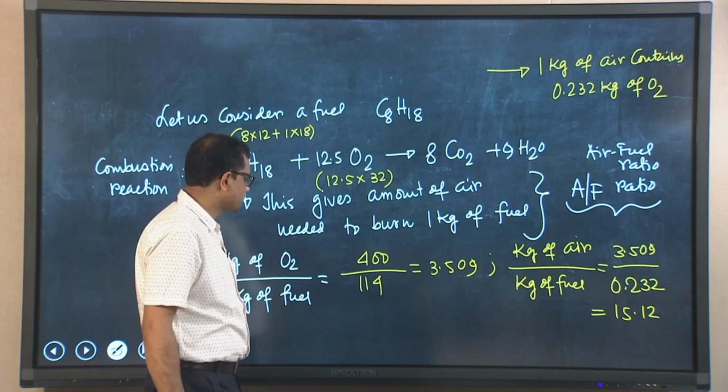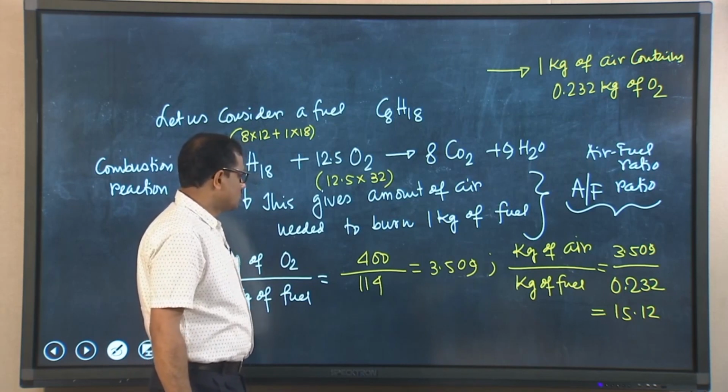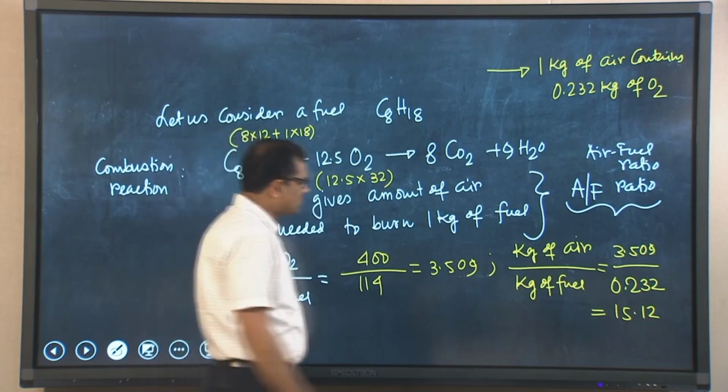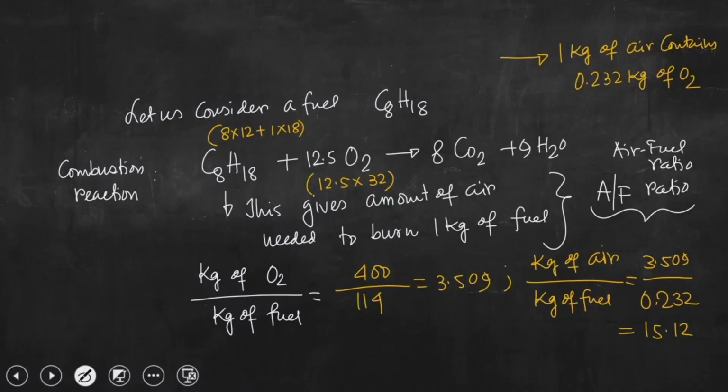Now, we can write this like this: kg of oxygen per kg of fuel into kg of air by kg of oxygen, right.